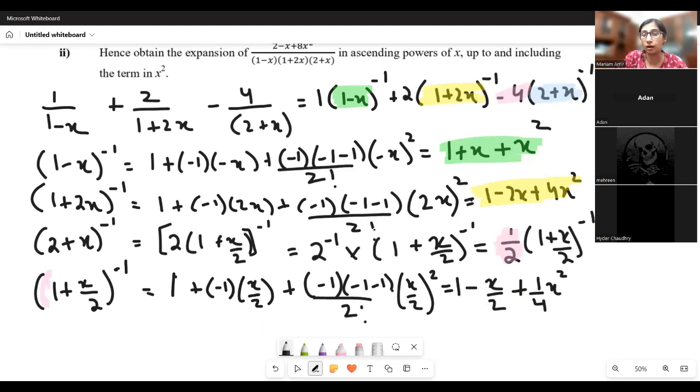Outside of that, there's a half, and outside of that, there's a 4. So let me just multiply half with it here. So multiply half with 1 plus x upon 2 power -1.